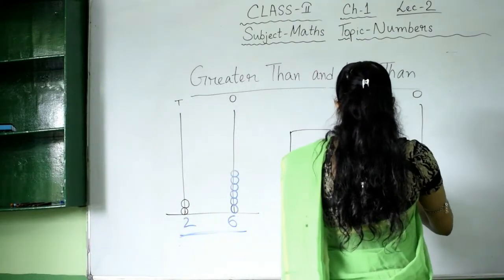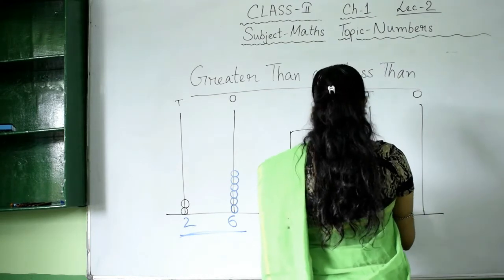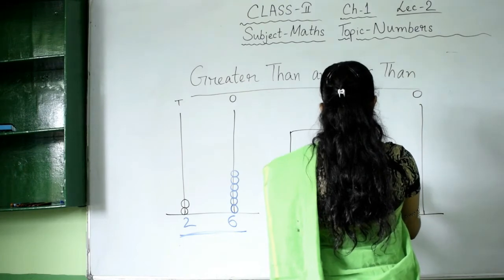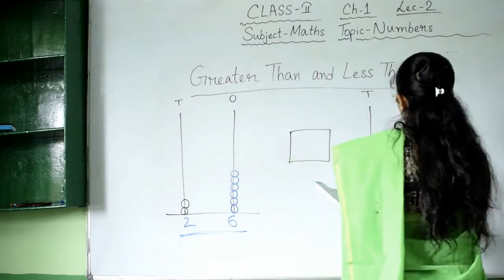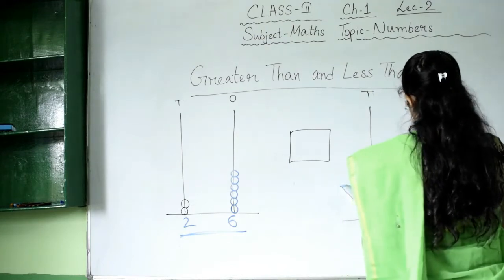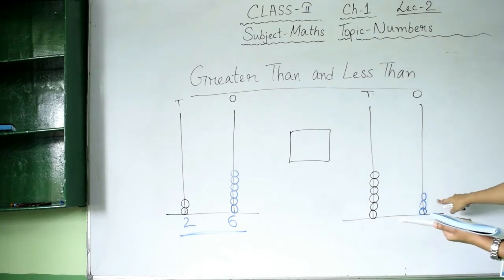And in the right hand side we have to put 6 balls in the tens place and 3 balls in the ones place.